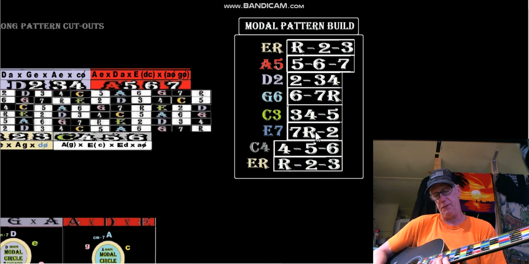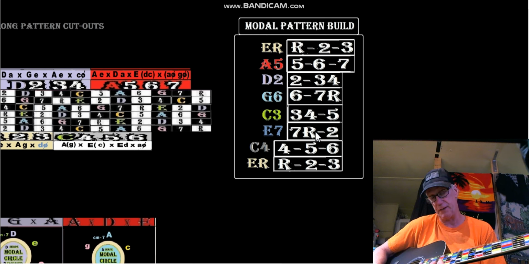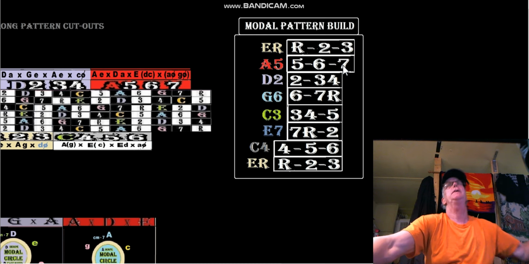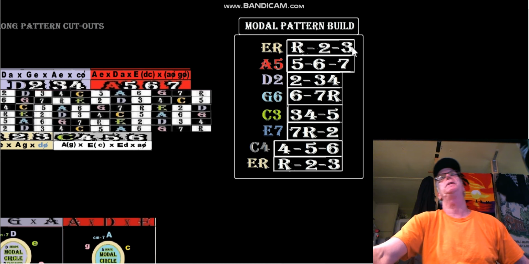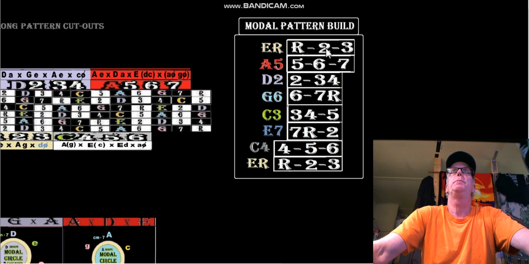And then we can do either 5, 6 with a cutout on the 5 string to another 7 on top, or we could just play along 5, 6, 7 there. And then to the top string again, which would be the next string shape. From 7 root 2, we'd play on to root 2, 3.